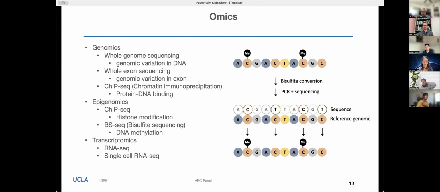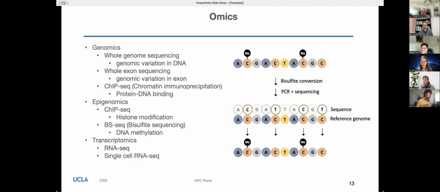Another type, for example, is bisulfite sequencing. We are looking for one epigenetic mark called DNA methylation. On the right-hand side, you can see we have A, C, G, T in our DNA sequence. Methylation means we add a methyl group to the fifth carbon of the cytosine. We use a chemical, sodium bisulfite, to treat the DNA.